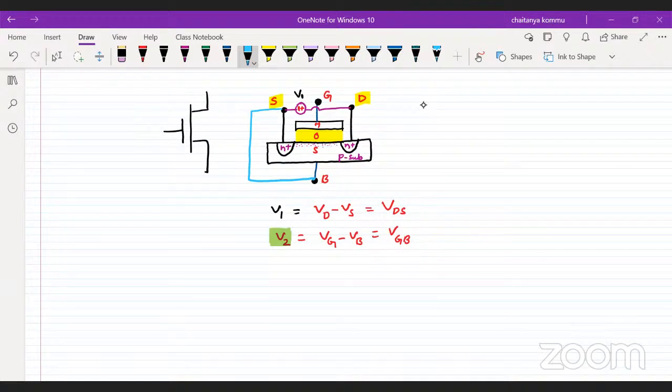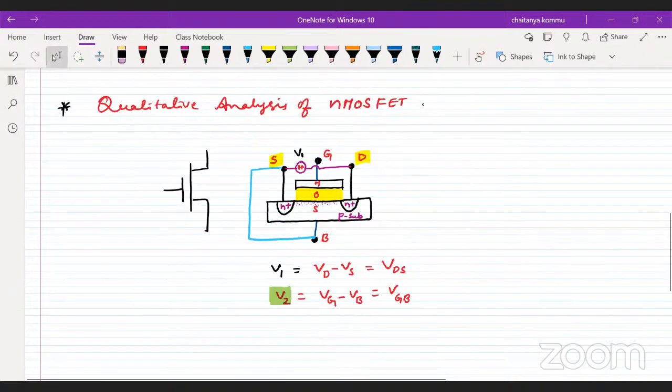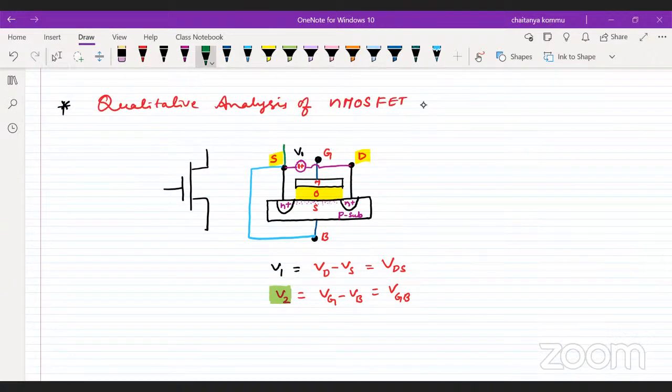And I'm going to apply the potential difference between gate and drain. Sorry, gate and body. I'm extremely sorry. Gate and source. Now I can place it: this is negative and this is positive.